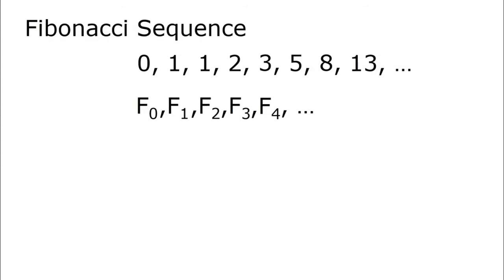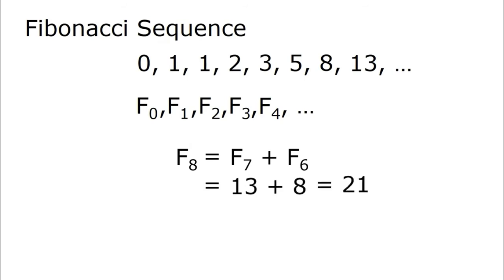Let us determine the 9th term. To determine the 9th term, or f sub 8, we need to add f sub 7 and f sub 6. F sub 7 is equal to 13, and f sub 6 is equal to 8. 13 plus 8 is equal to 21.